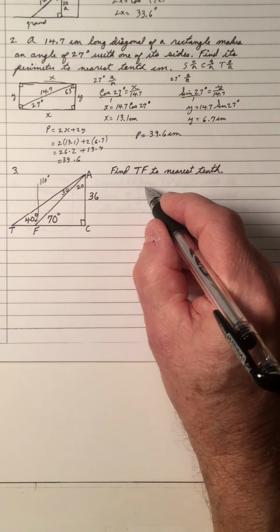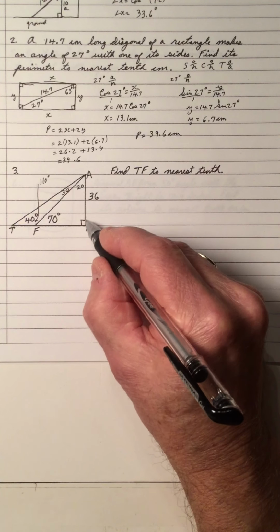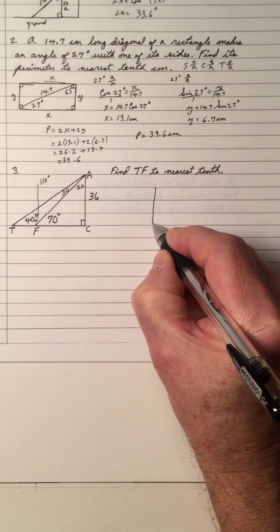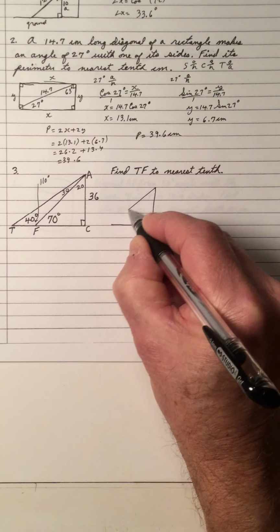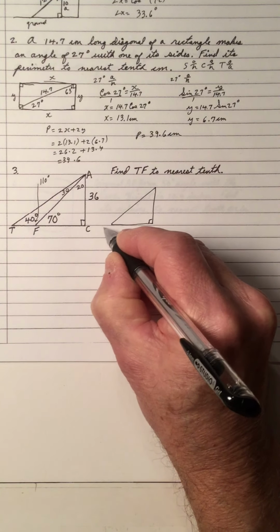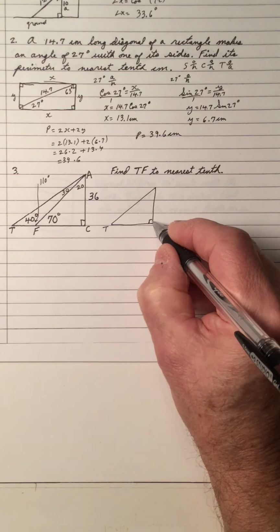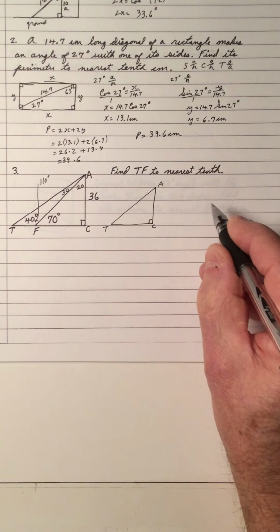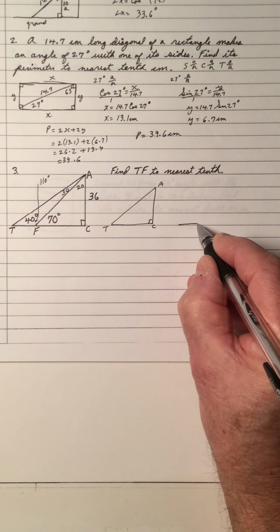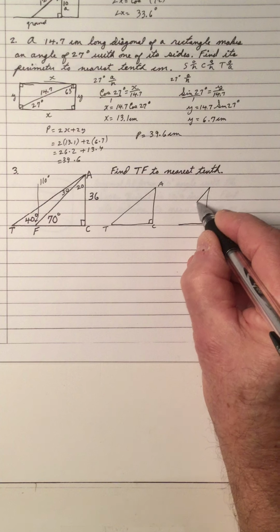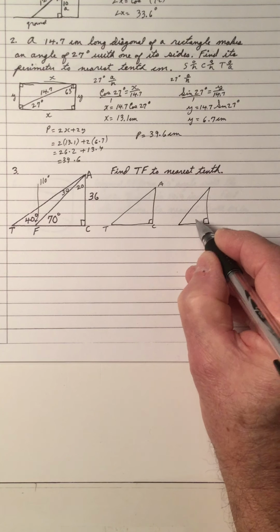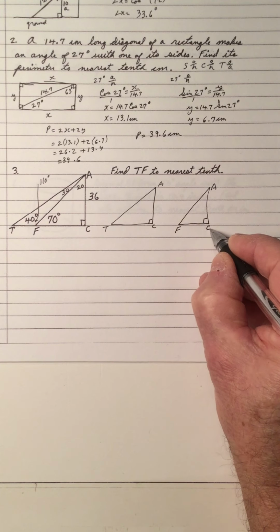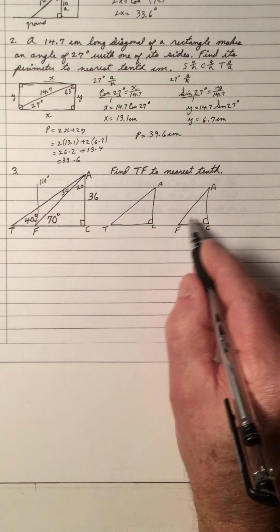That means I have to draw this right triangle right here with the right angle and call it TAC, and then take this other one, this is F, that's an A, and a C. Notice now I have two separate triangles.